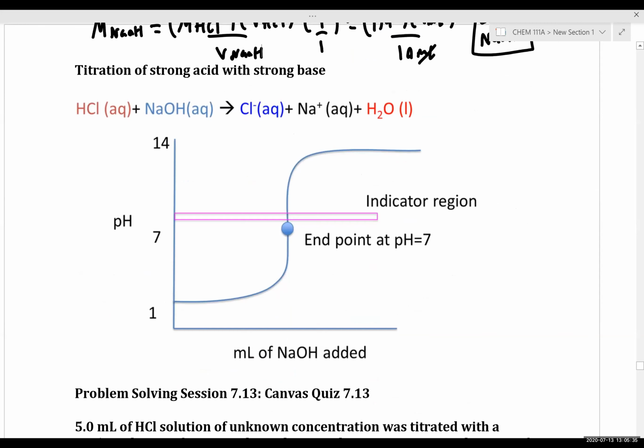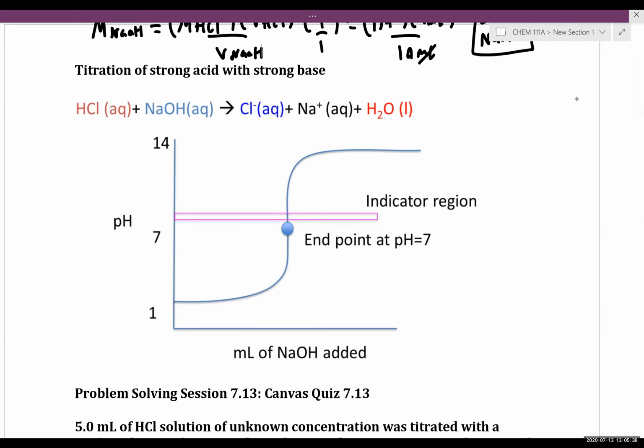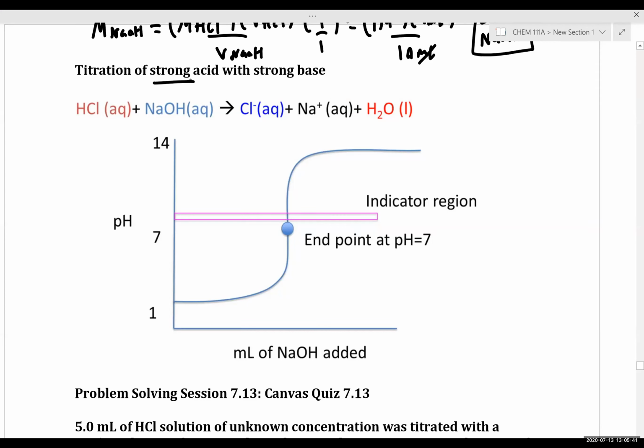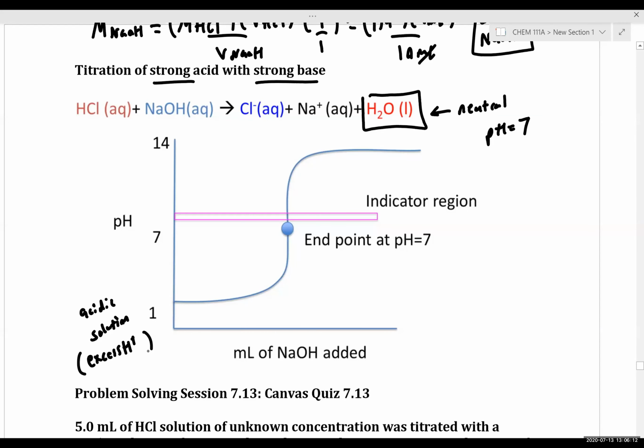So next we're going to look at the titration of a strong acid with a strong base. Okay? Nothing much changes. Again, we generate water, which is neutral, pH equals 7 for a pure water solution. So this time, in this example, we are titrating hydrochloric acid with sodium hydroxide. We start with an acidic solution, which means we have excess H plus.